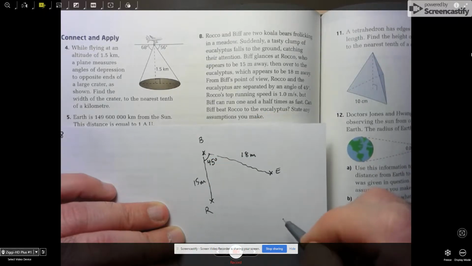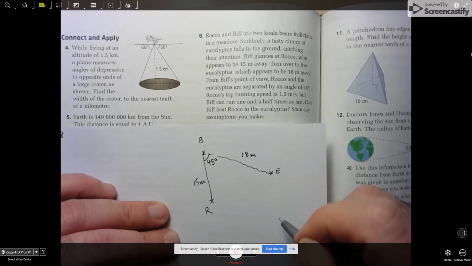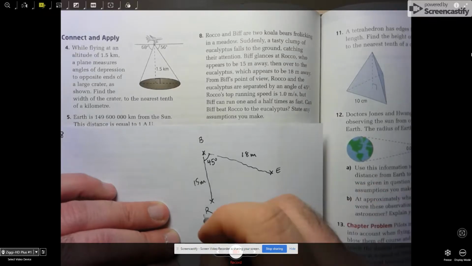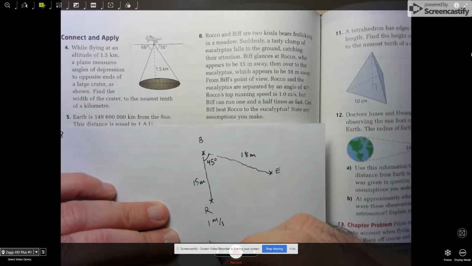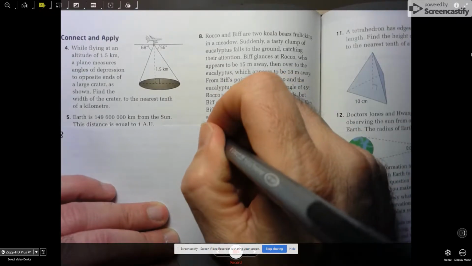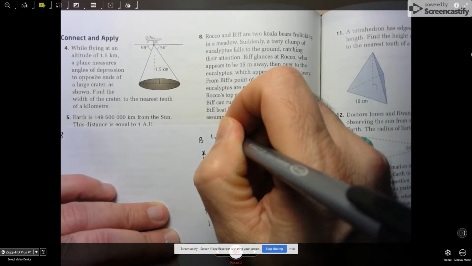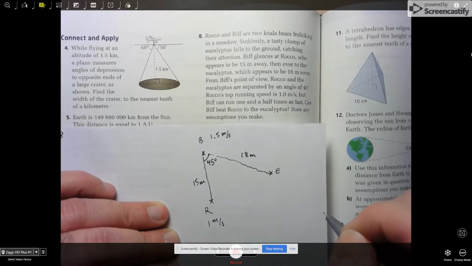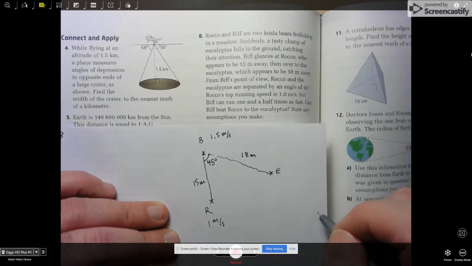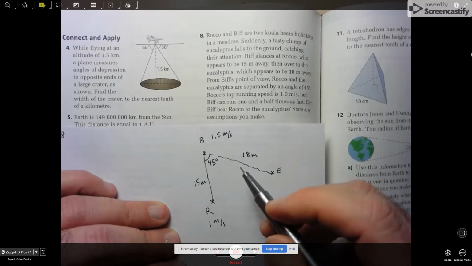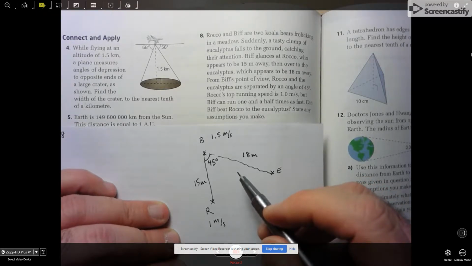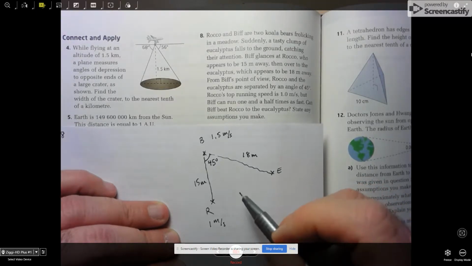All right. And so now they say that Rocco's top running speed is 1 meter per second. Biff can run 1.5 times as fast, so that makes that 1.5 meters per second. And it says, can Biff beat Rocco to the eucalyptus? All right. So what we're going to do is calculate the time it takes each of them to get to the eucalyptus.